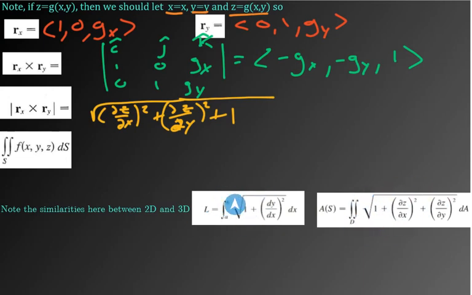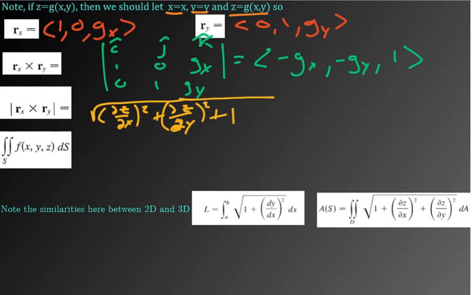Just like this is how you compute arc length, right? You just take the partials here. Now here it's just an ordinary derivative, but that's because there's only one thing to differentiate. But yeah, it should look familiar because we've seen this before with arc length or surface area.